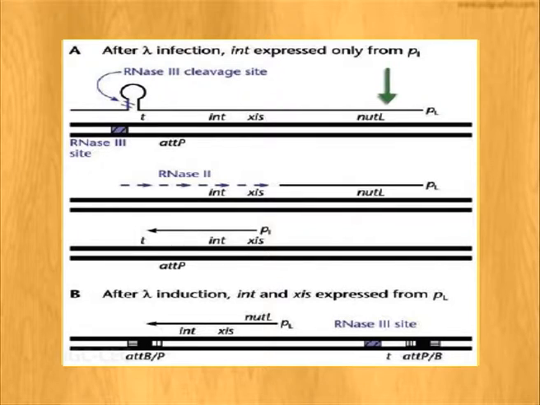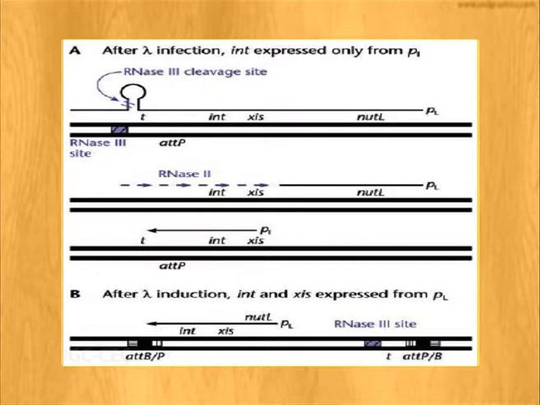Transcription starts from the PL promoter, and since it has a NUT sequence, N protein will help RNA polymerase to overlook all the termination sequences. So this termination sequence will be overlooked, and transcription of this region will produce a stem loop structure, and this stem loop structure is a cleavage site of RNase III enzyme.